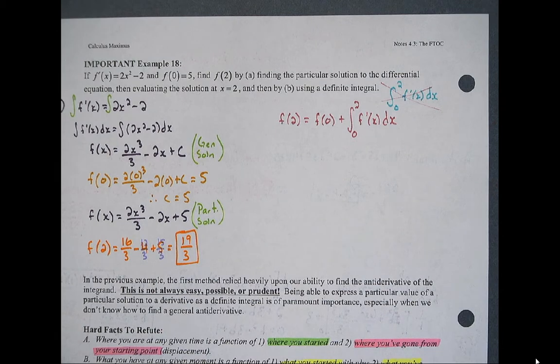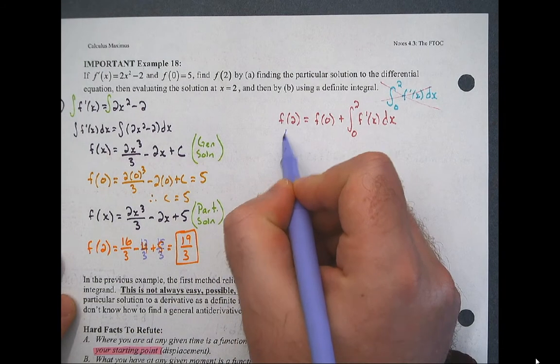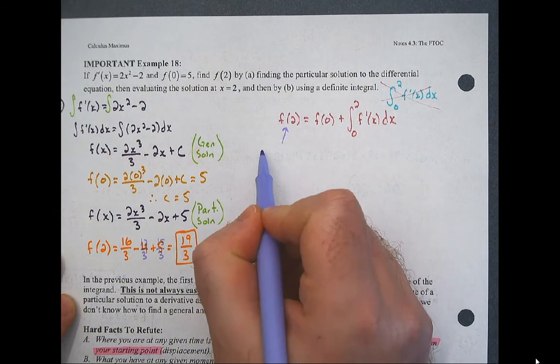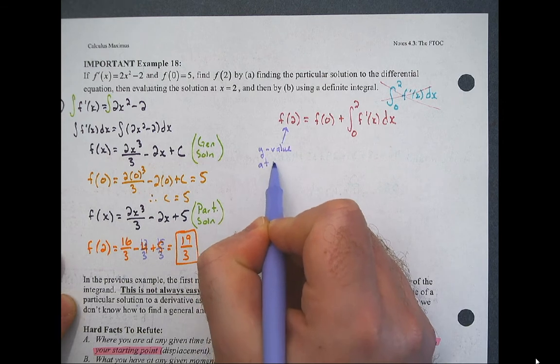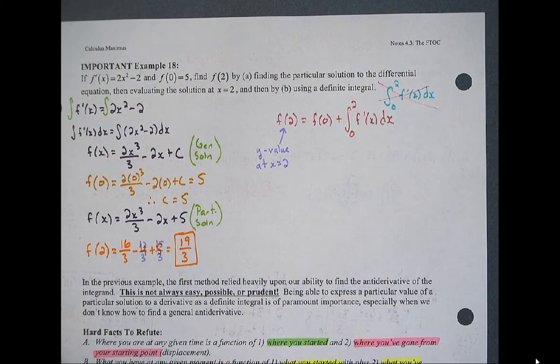So if I were to kind of highlight some stuff here, this is the y value at x equals 2. That's what we want.